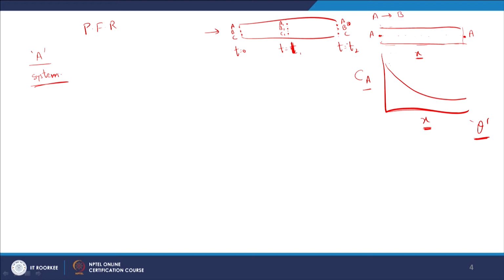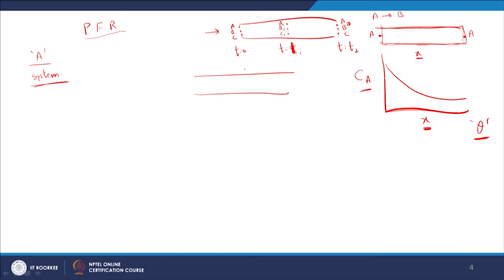So keep in mind that in a plug flow reactor, your variables change with distance and not with time. So here, as I know that it changes with distance, I can't apply the mass balance over the entire system.